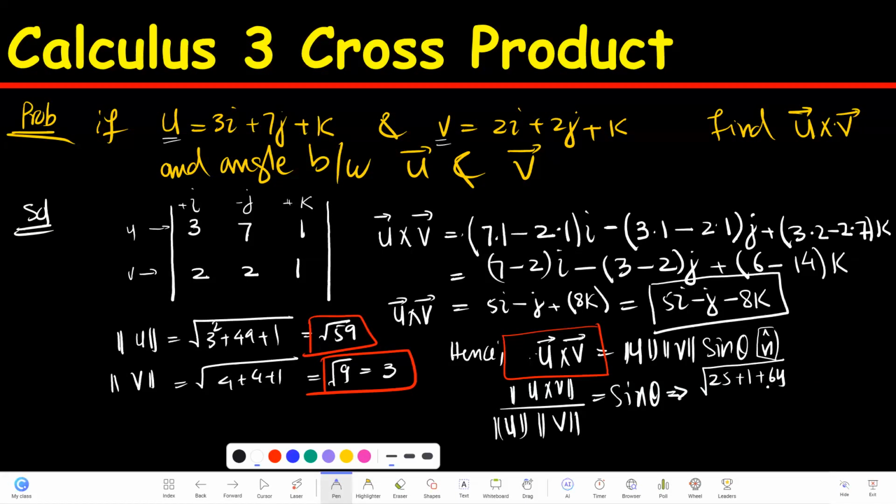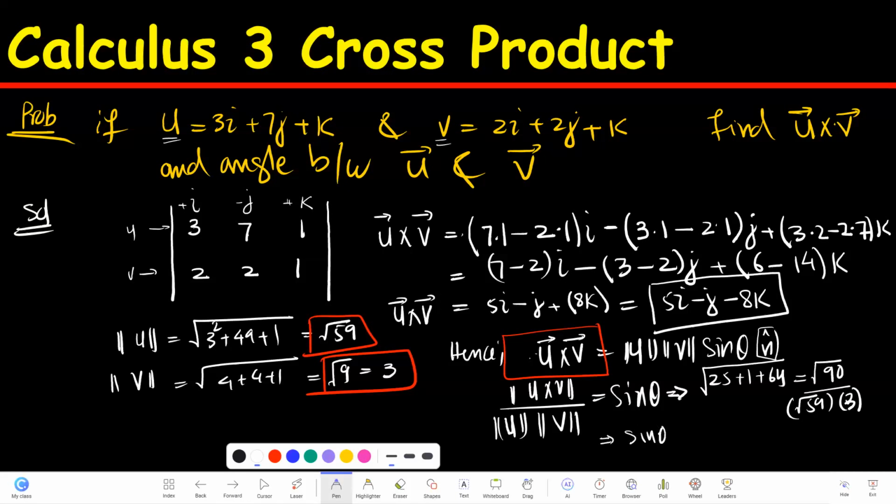Square root of 90 divided by square root of 59 times square root of 9. So when you solve this whole thing, what is the value of sine theta?